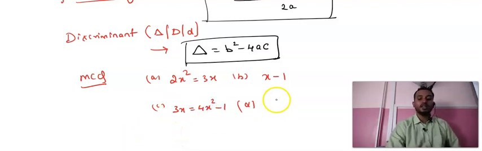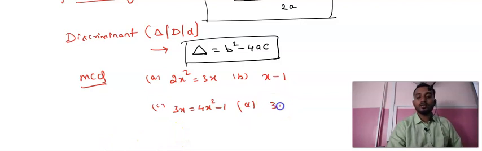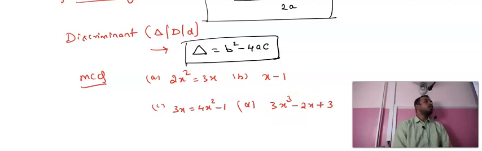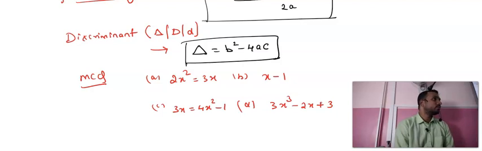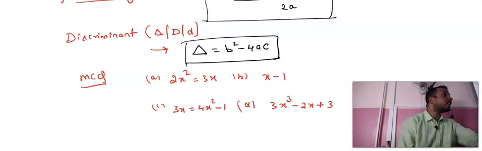And option D, they can give you something like 3x cube minus 2x plus 3. Among these equations, you have to find which is the quadratic equation, or which is correct, or which is not correct.